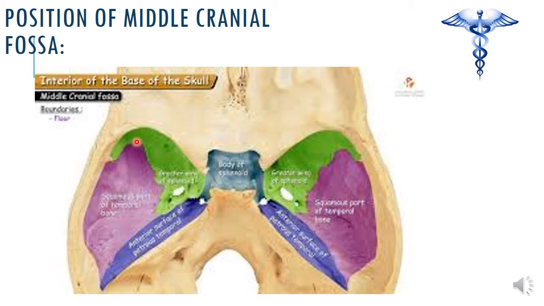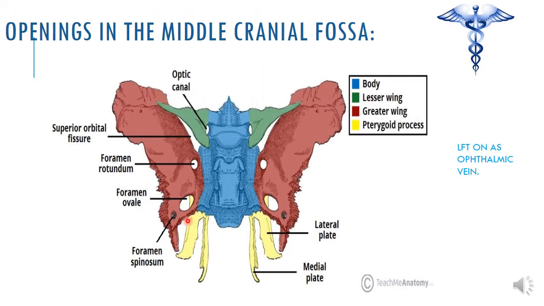Anterior to this middle cranial fossa is the lesser wing of sphenoid, and posteriorly it is bounded by the petrous part of the temporal bone. First we are going to discuss the openings in the sphenoid bone.